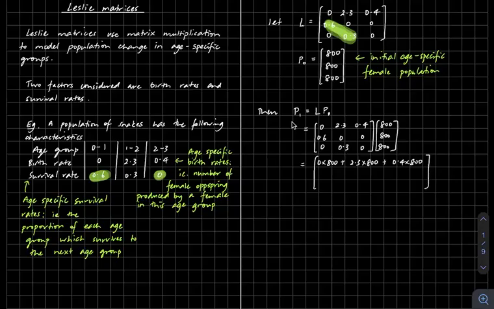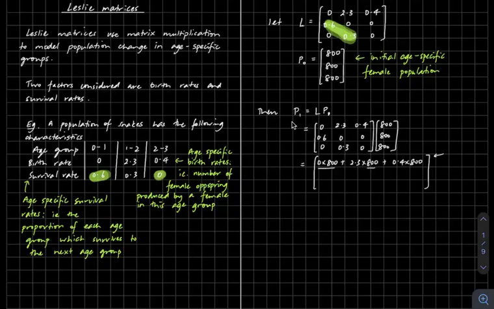Now let's think about that for a moment. So what that's going to give us after 1 year, this row here, those calculations represent basically the number of new snakes that have been born during that year. So after 1 year, that's going to tell us the number of snakes that are now in the 0 to 1 age group. And they all come from new births. So there's 0 births from the first age group because the birth rate there is 0.